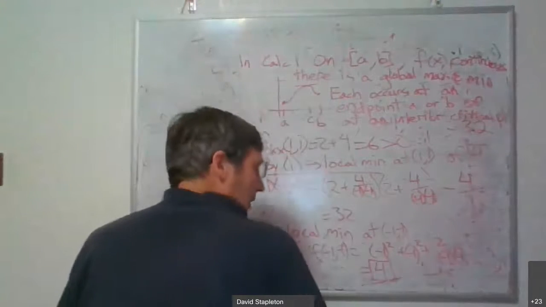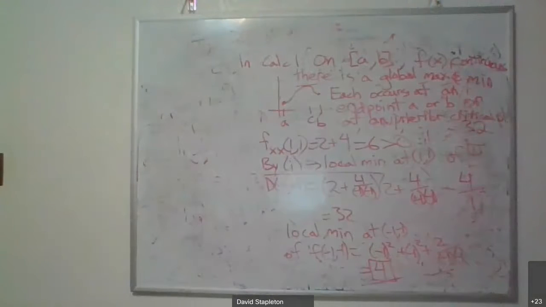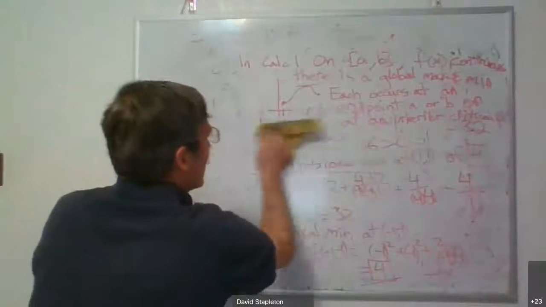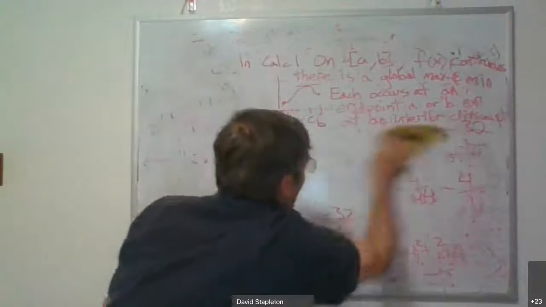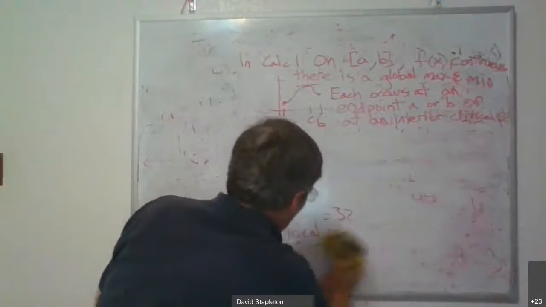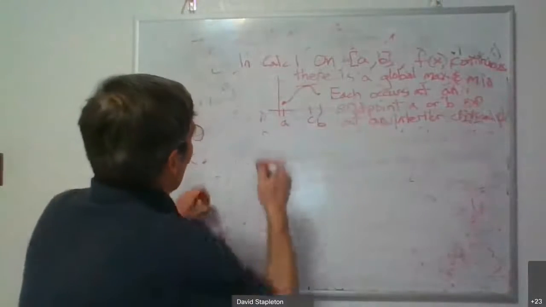All right, that was calculus 1. There's a nice analogy to that. You can get this. That's for a function of one variable, y equals f of x.